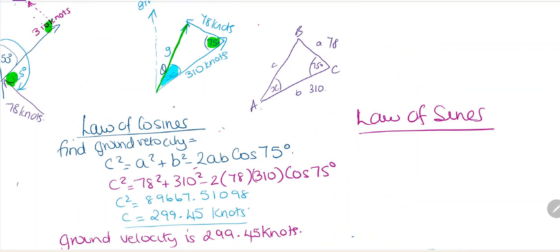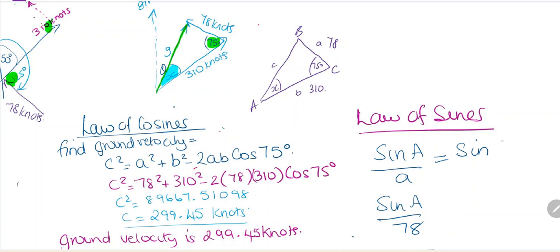So we know that this is angle A, so the sine of A over little a, which is 78, so sine of A over 78, equals the sine of C, which is 75, over little c. So this is sine of 75 over, and we found c. So we said this was 299.45. And we just need to rearrange this.